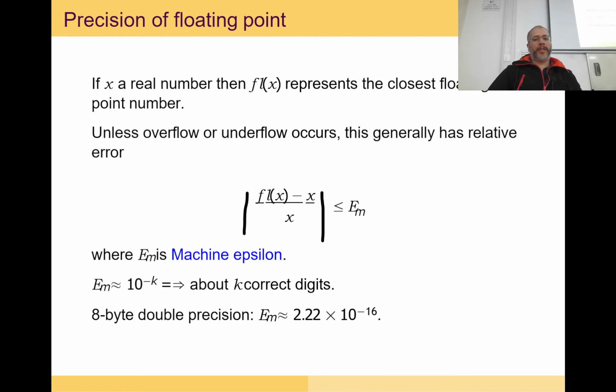So in that case you will clip it to 8 bytes or 64 bits in the binary representation. So remember that the relative error, |FL(x) minus x| divided by |x|, will be less than or equal to your machine epsilon.